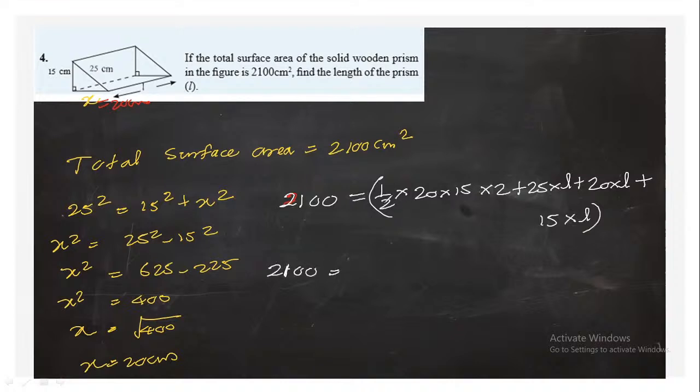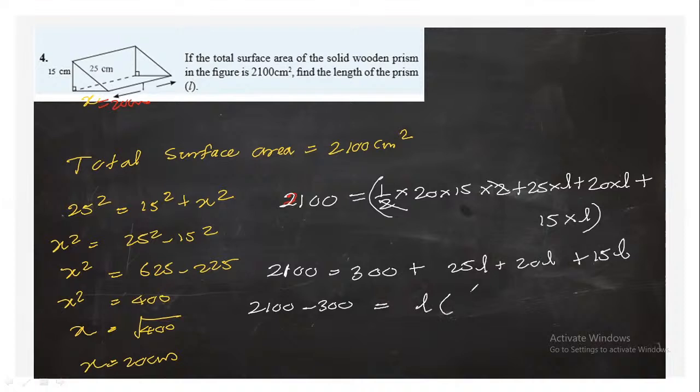2,100 equals, cancel out this 2, 20 into 15, that is 300, plus 25L plus 20L plus 15L. 2,100 minus 300 equals, now here 25L, 20L, 15L, all have L common, take it out.